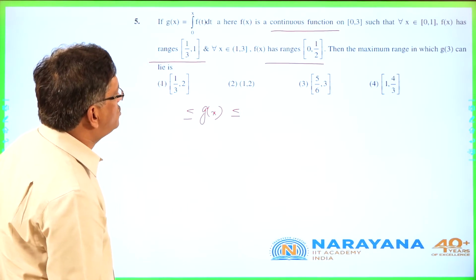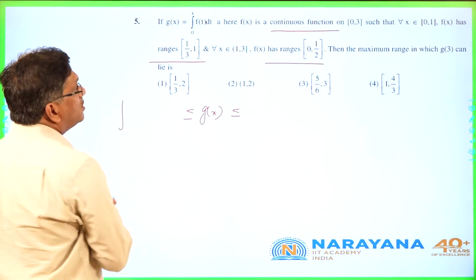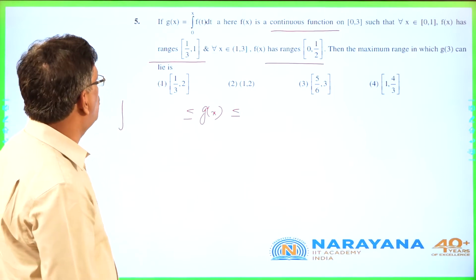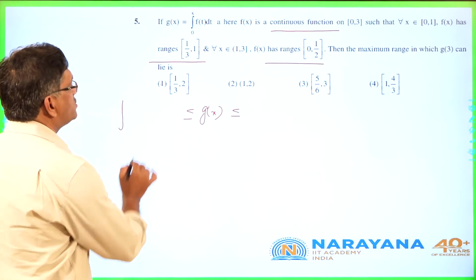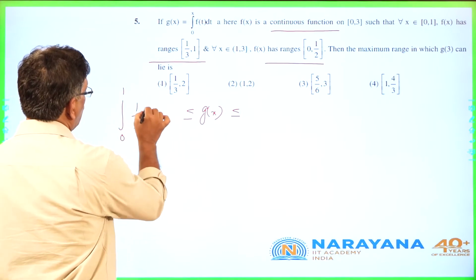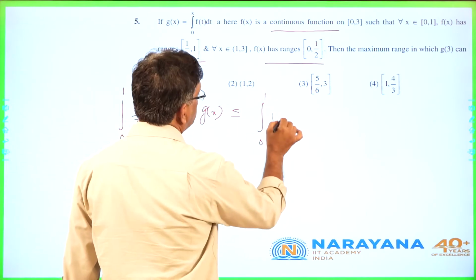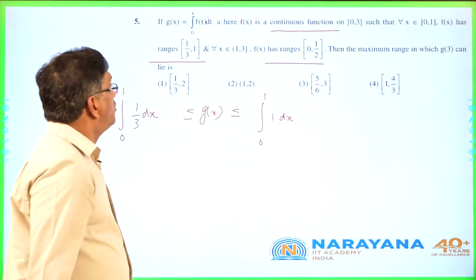So what is the first one? For x lies between 0 to 1, f of x is so and so. From 0 to 1, it is 1 by 3 dx, to 0 to 1, it is 1 dx.